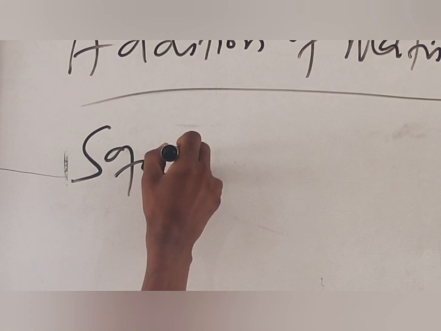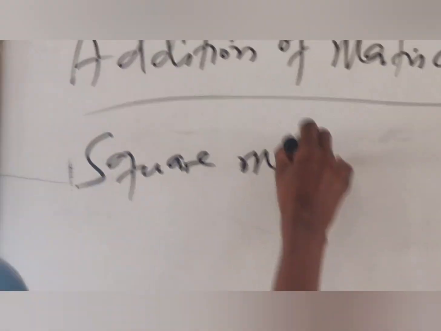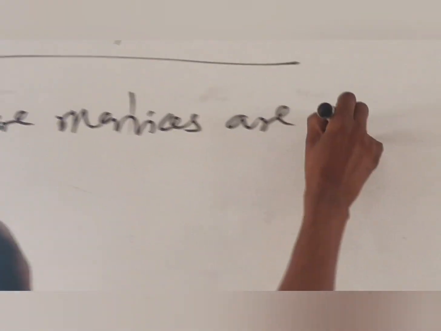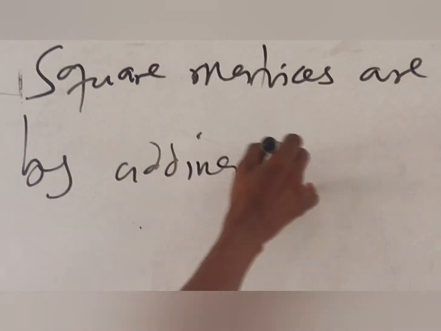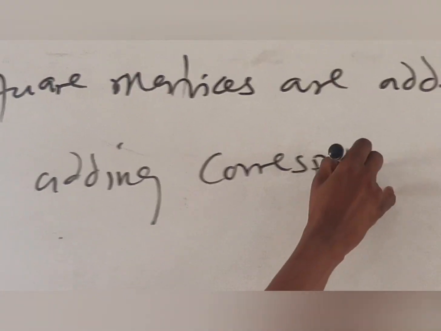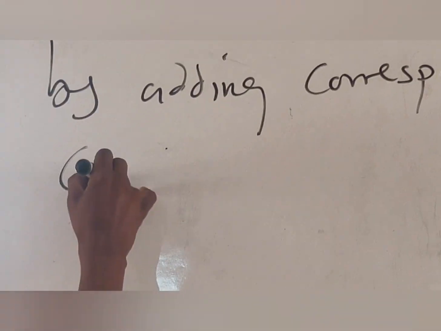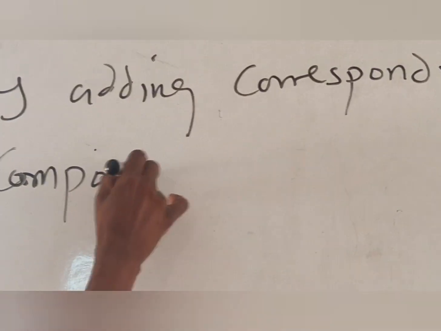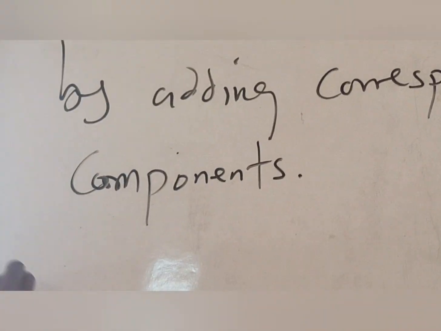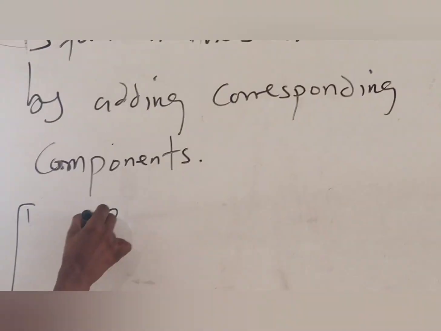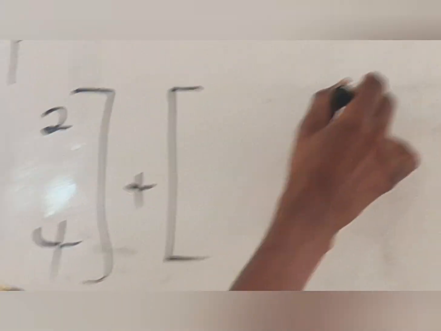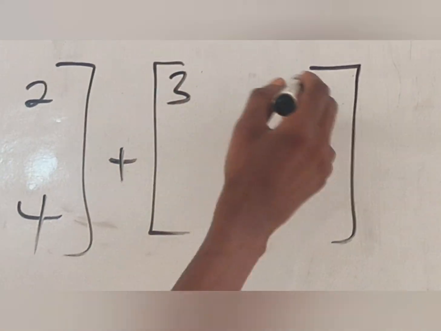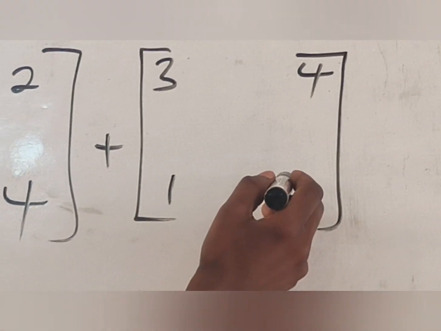So we add. Square matrices are added by adding corresponding components. If you have an illustration like this, 1, 2, 3, 4, you're adding to it a 2 by 2 matrix, 3, 4, 1, 2.